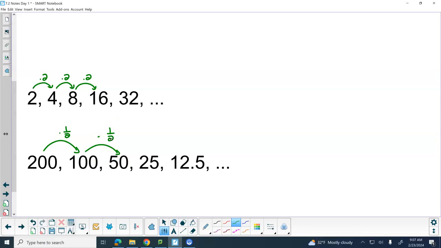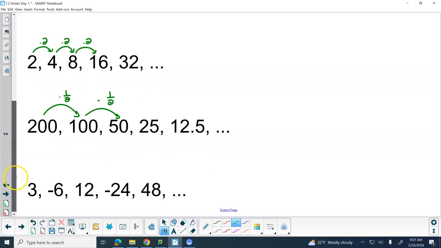We can multiply by a negative number. Here now, we're multiplying by -2. Okay? So we can multiply by positive numbers, we can multiply by fractions, we can multiply by negative numbers, we can multiply by negative fractions too.